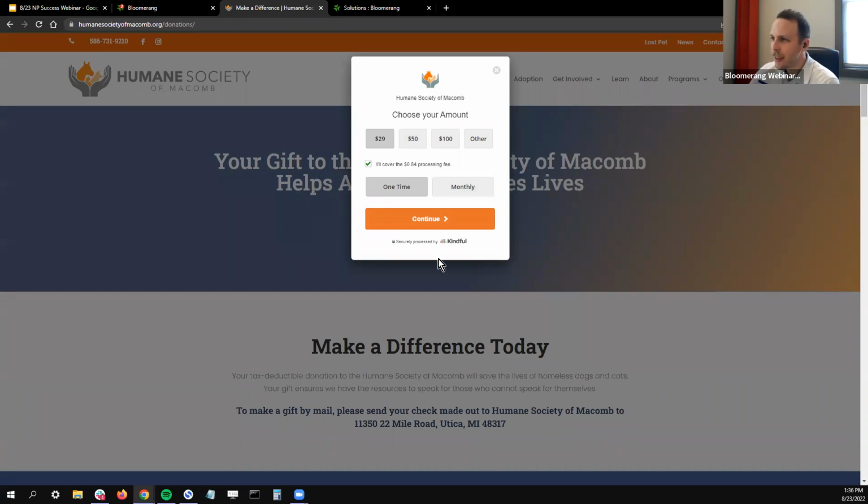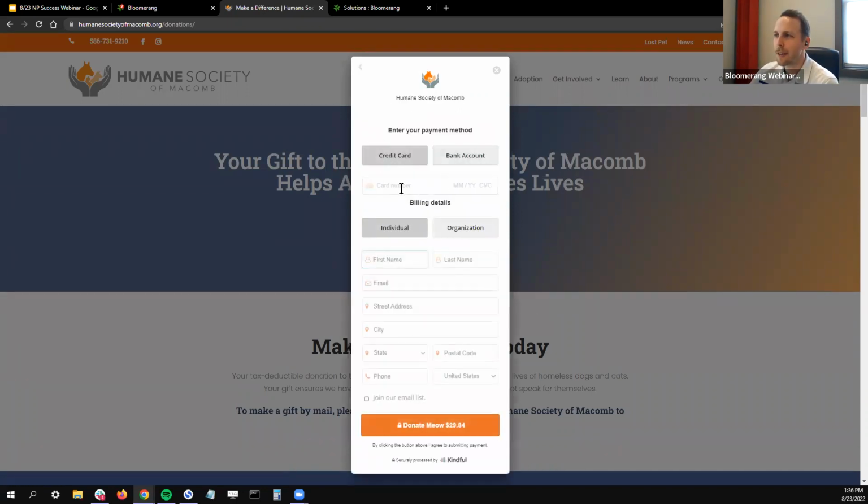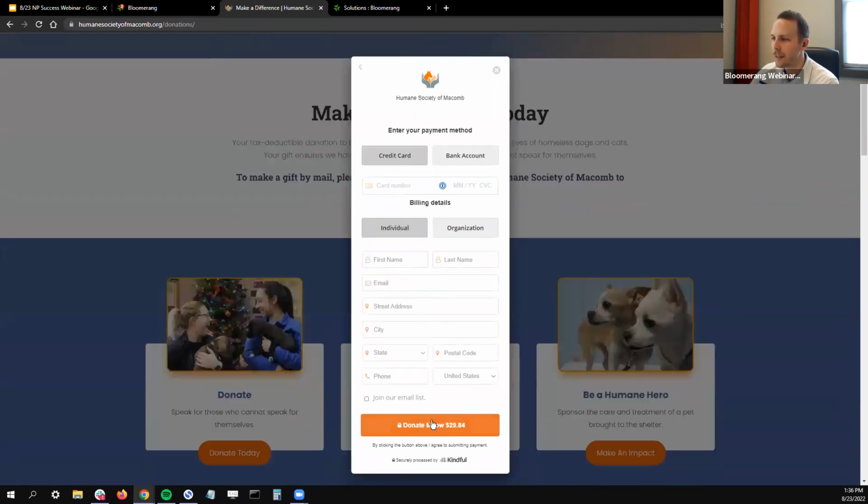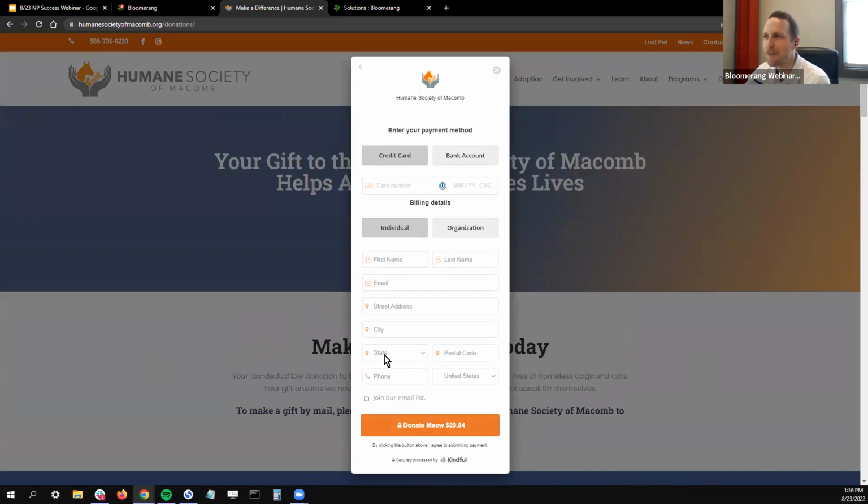So you can click continue on the one-time gift. You can enter your card details, first name, last name, capture that information, and then go ahead and donate. And I love they even customize the donate meow on this page too. Really fun experience, adds a little bit of fun and personality to the donation experience, has all their branded colors, looks great.